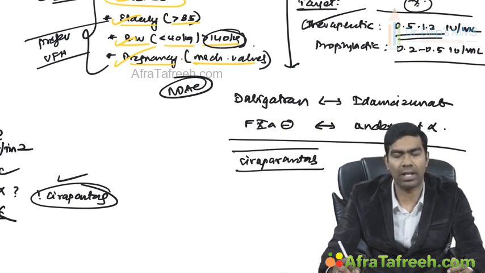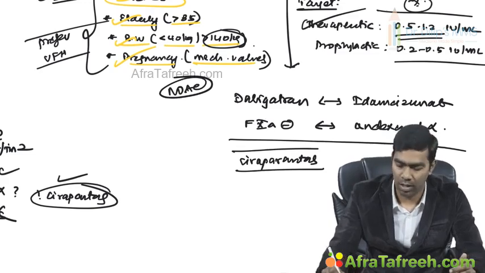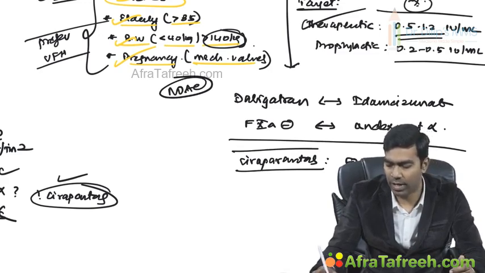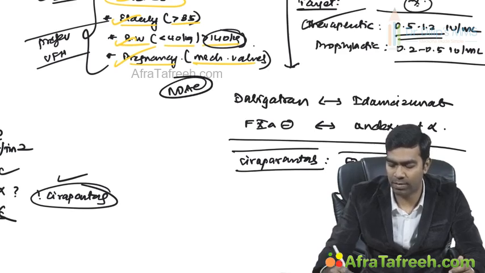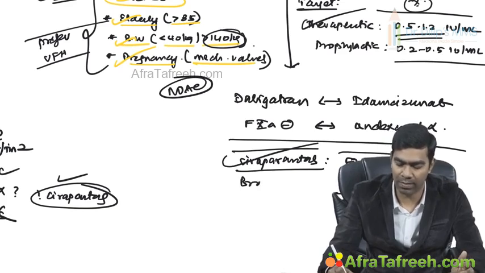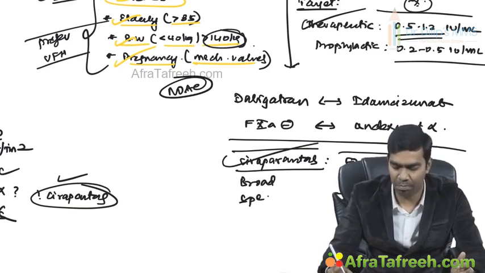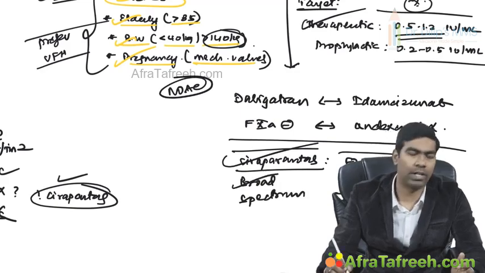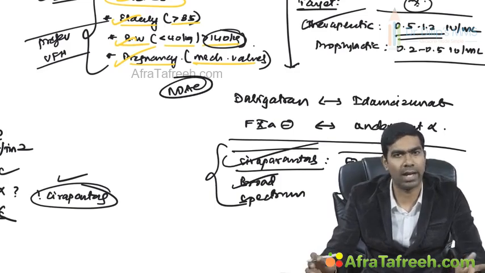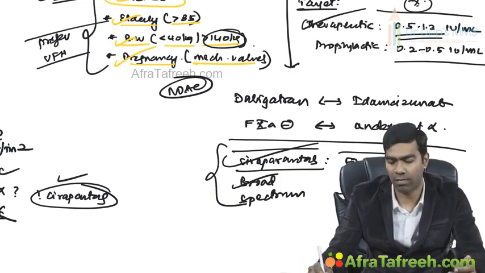There is a new investigational antidote called ciraparantag, which interacts with the anticoagulants through hydrogen bonds, where it's going to inhibit NOACs also, and it's going to inhibit heparins also. This can be widely used, that's what they're telling, because it can bind with many anticoagulants, not only one particular one. This is a broad spectrum antidote being investigated, but it's not yet approved for any particular use, though it's a very upcoming one, which might be approved in the next 8 or 9 months probably, but anyway, we have no idea.